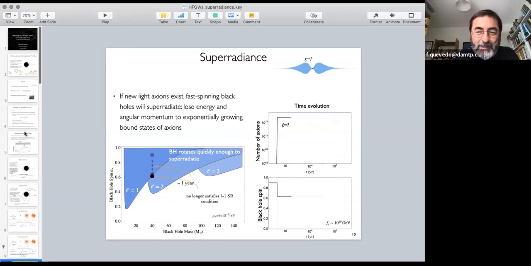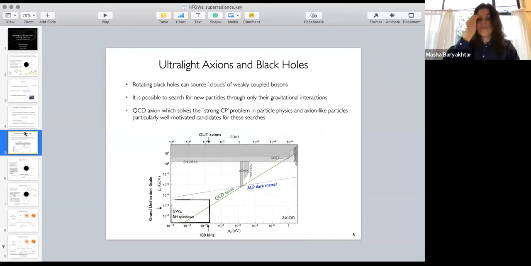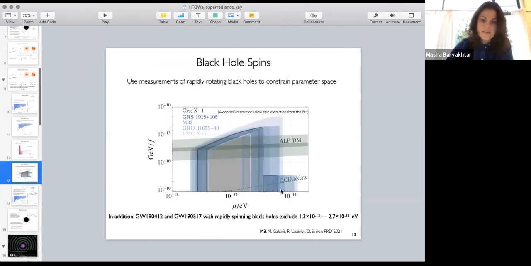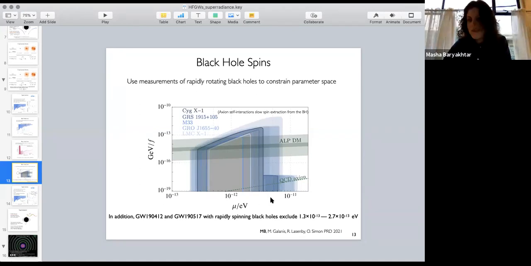So if we go back to this figure, there are 2 aspects of what I was saying. First of all, we already have some constraints from the existence of these high spinning black holes. Like I showed in this plot, for the QCD axion line, that goes up to roughly 10 to the minus 11 eV.